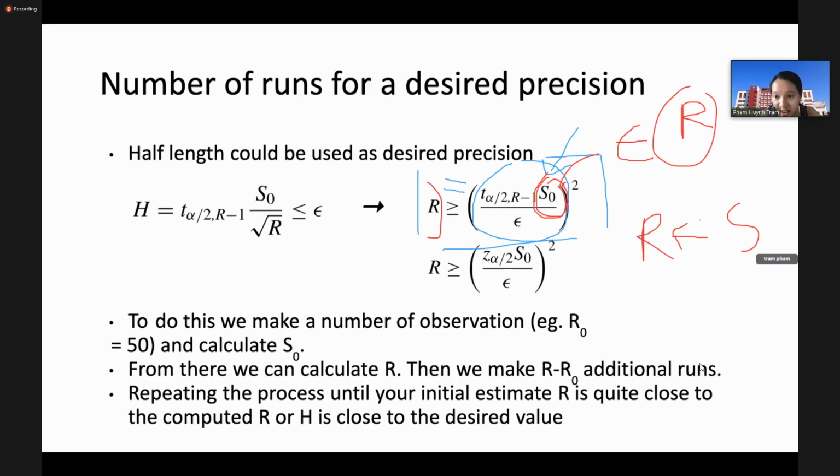But in order to calculate S, the variance, we need to run first. And when we run, you have to know how many replications you run in order to compute the variance. All right, so it's like a loop here. So we have a problem here. Right? Can you imagine that?